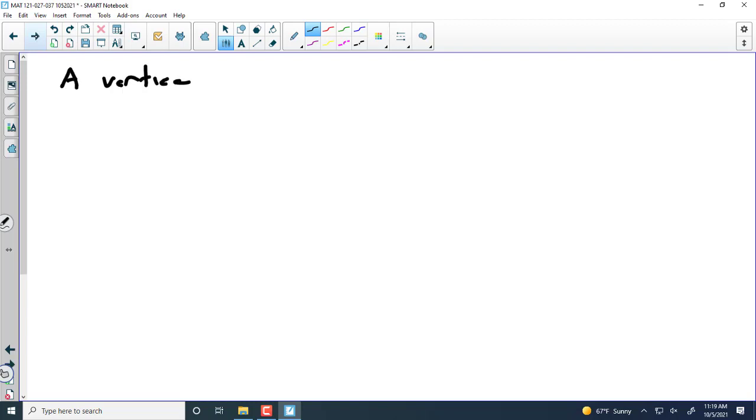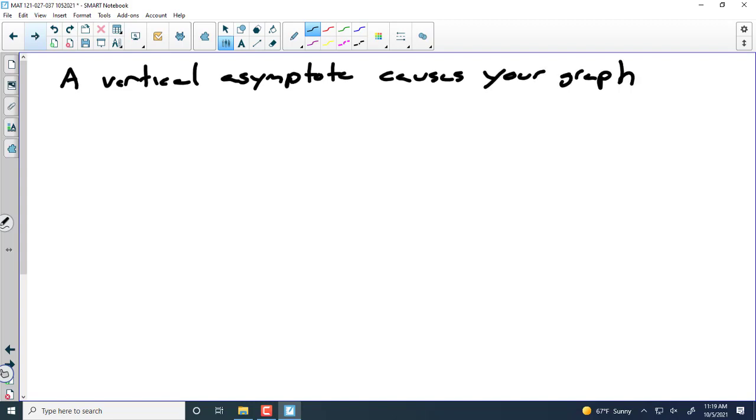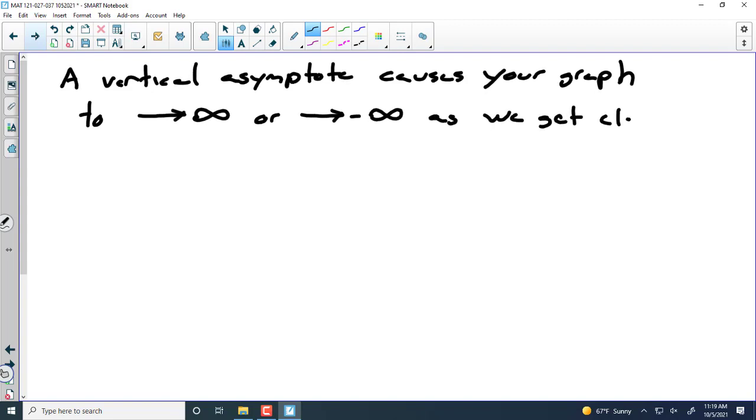A vertical asymptote causes your graph to approach infinity or negative infinity as we get close to that x value.